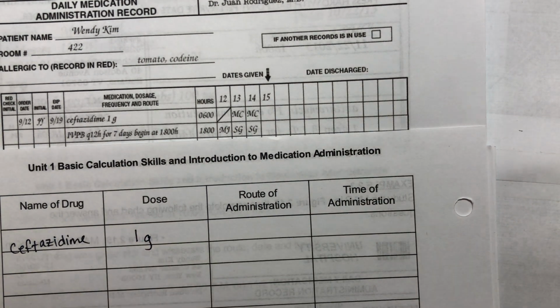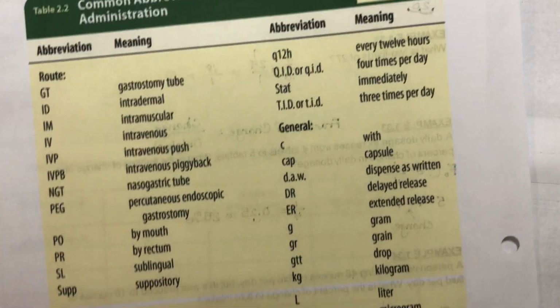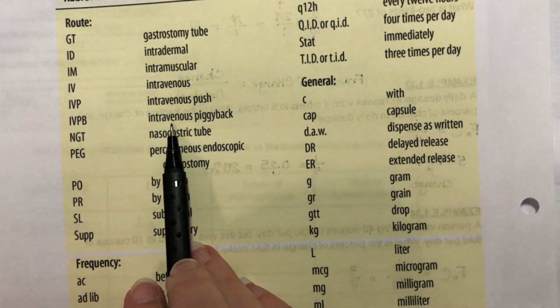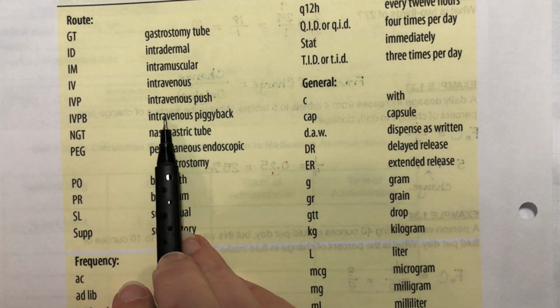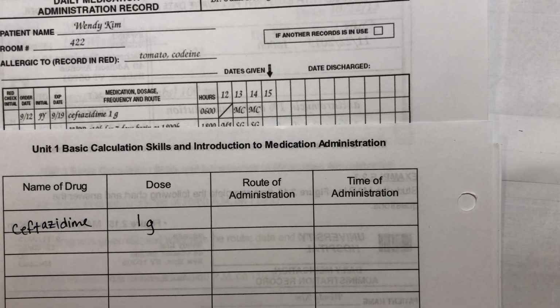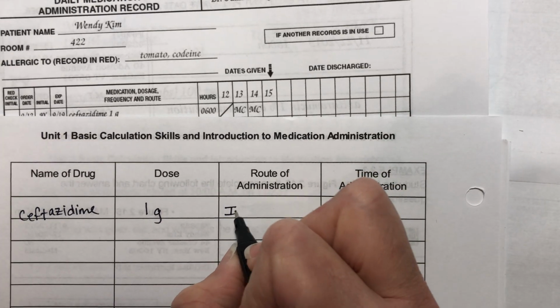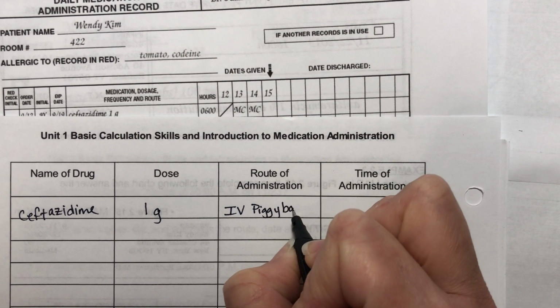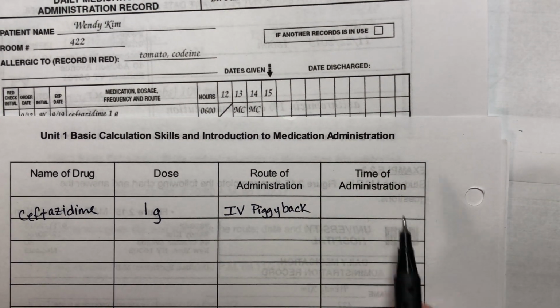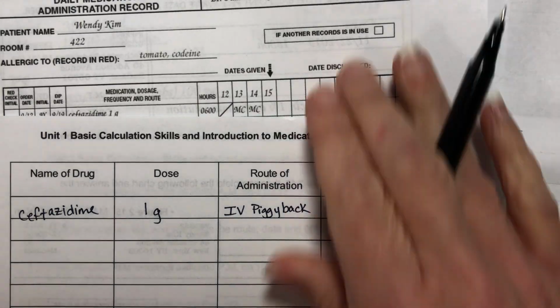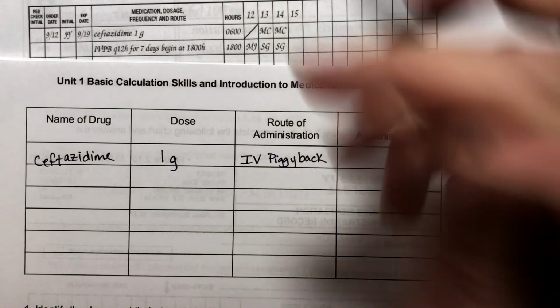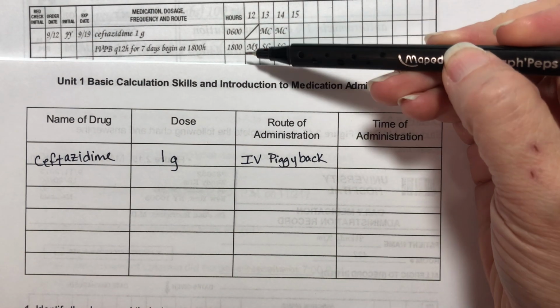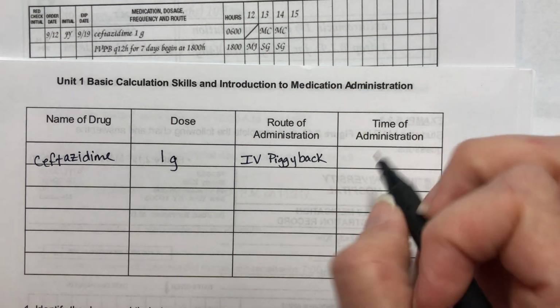If you refer to the first page, IV PB is intravenous piggyback. So this is a piggyback IV. And what times should this drug be administered? It's supposed to be given at 0600 hours and also at 1800 hours.